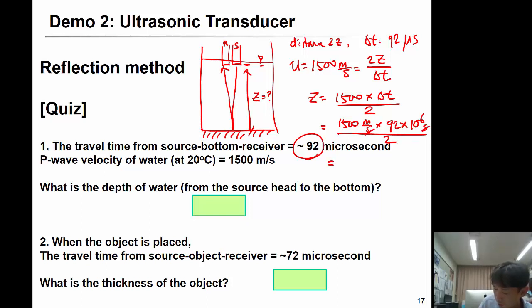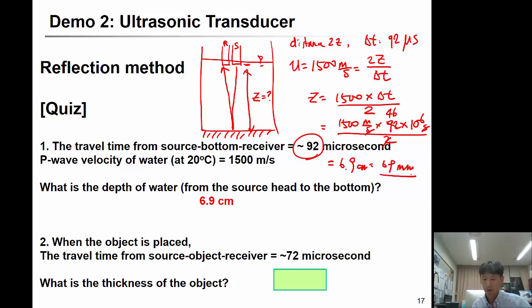So it's gonna be 46, and 46 times 1500 times 10 to the minus 6 will be around, if I get, so it will be around 69 millimeters. So the depth from the tip of the sensor to the bottom will be around 70 millimeters.